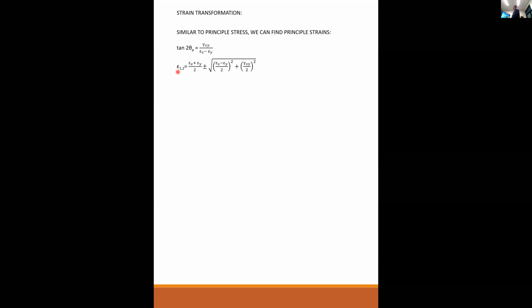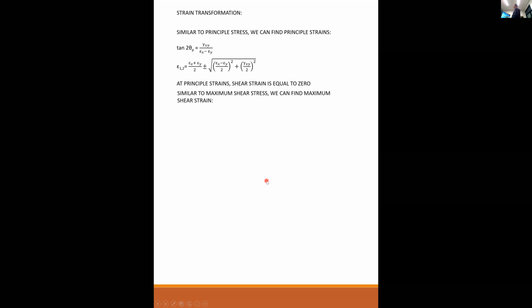The maximum and minimum normal strains are equal to epsilon x plus epsilon y over 2 plus or minus the square root of the sum of the squares, these squares being epsilon x minus epsilon y over 2 squared and gamma xy over 2 squared. At principal strains, the shear strain is equal to 0, just like with stresses.